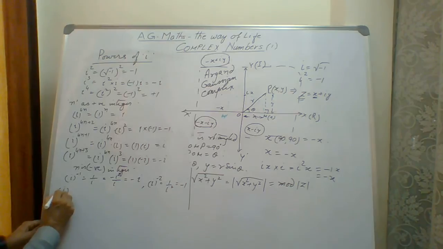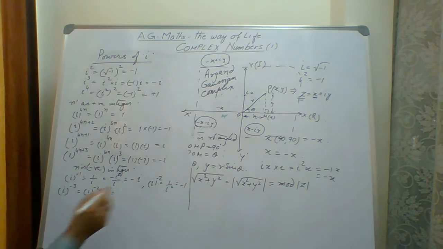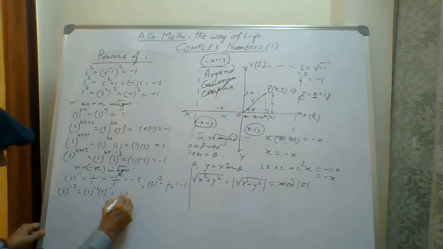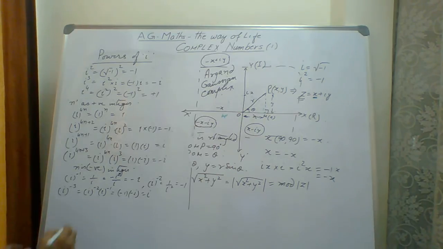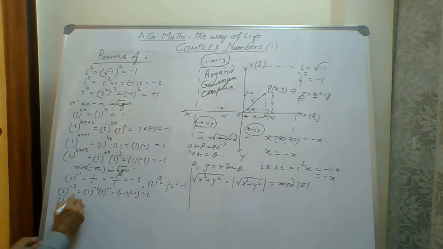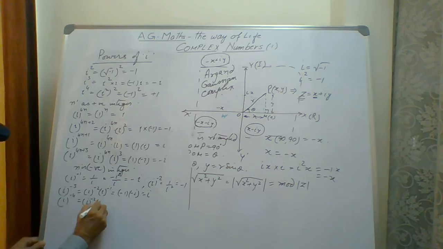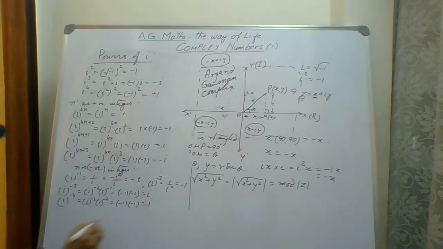Similarly, i power minus 3 is i power minus 2 into i power minus 1, which is minus 1 multiplied by minus i, equal to plus i. Similarly, i power minus 4 is i power minus 2 into i power minus 2, which is minus 1 and another minus 1, a plus 1.